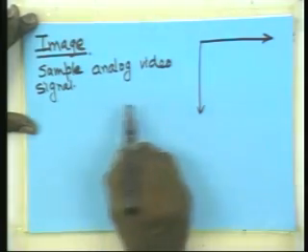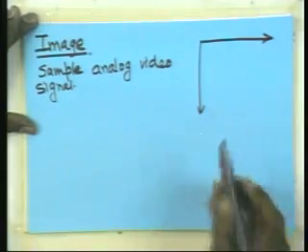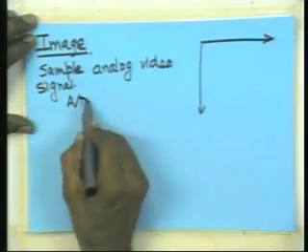Each scan line obviously is discretized because you have only so many discrete lines. On each line, the analog voltage is going to be sampled, and that will give rise to discrete digital values depending on the accuracy of the conversion process. So you require A to D conversion.